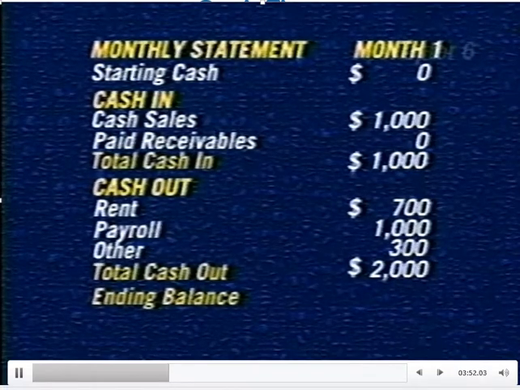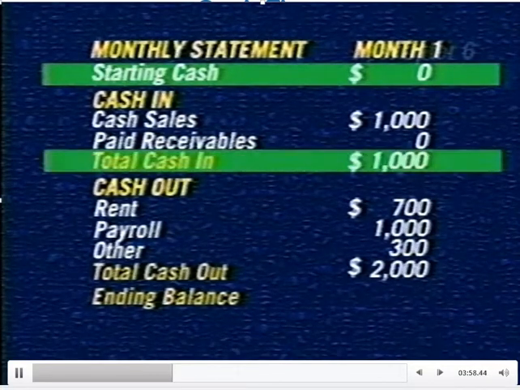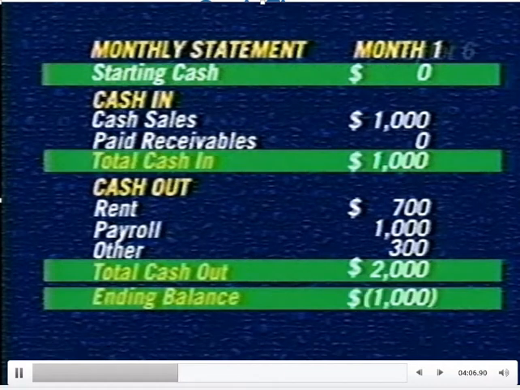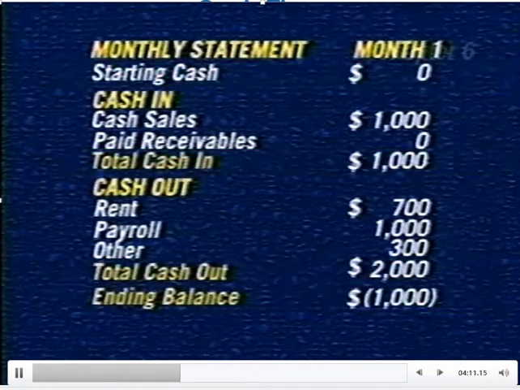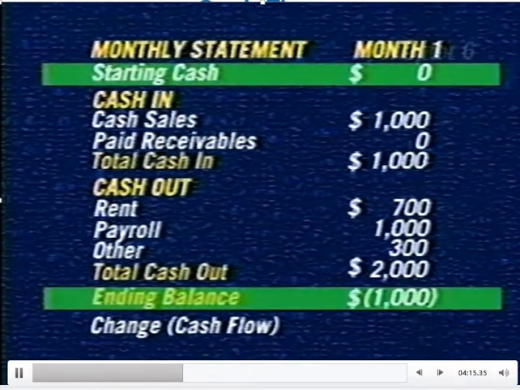Our ending balance for the month is calculated by simply adding our starting balance of $0 to total cash in, $1,000, and then subtracting the $2,000 total cash out. Our ending balance, therefore, is a negative $1,000. We also want to calculate our cash flow, the change between our beginning balance and ending balance.